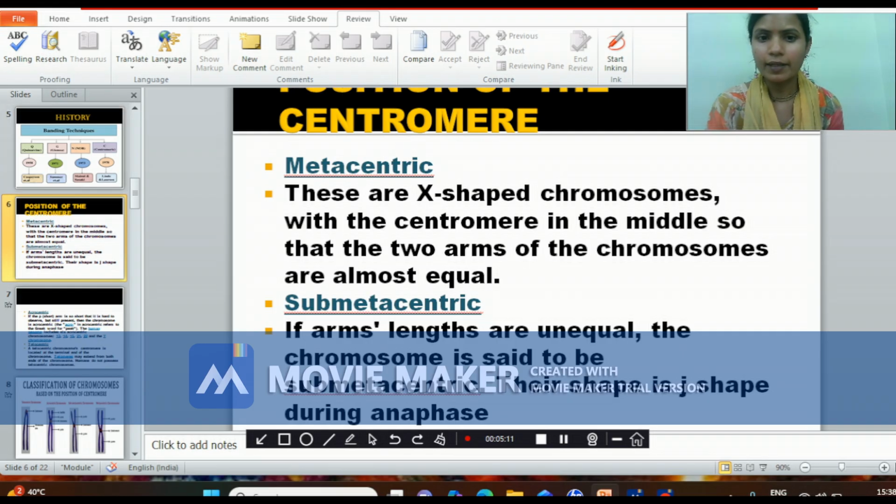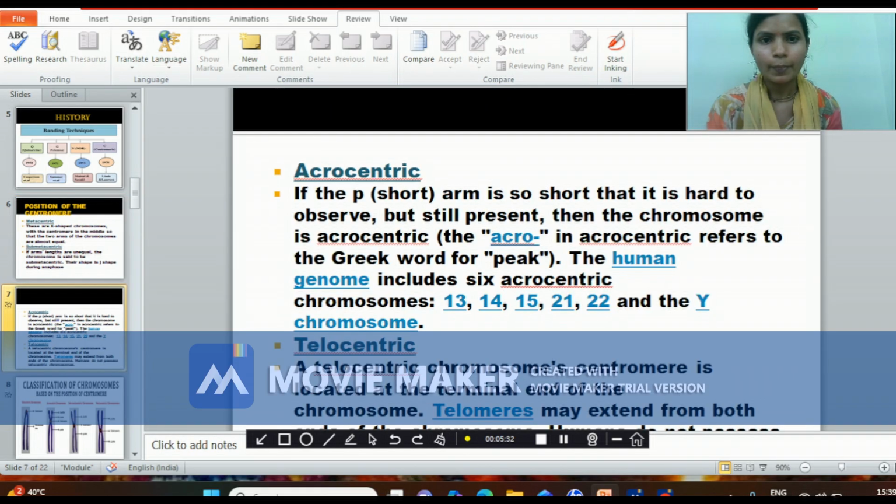In the submetacentric position, if arm lengths are unequal, the chromosome is said to be submetacentric. So the centromere is not in the center but a little bit above or a little bit lower. Then it is called submetacentric.